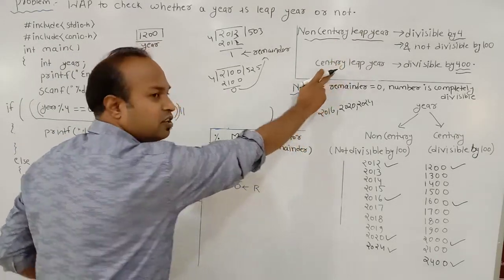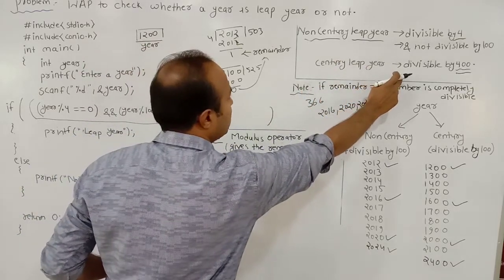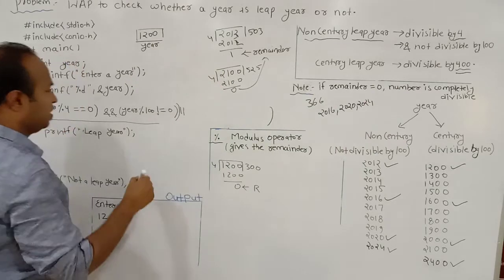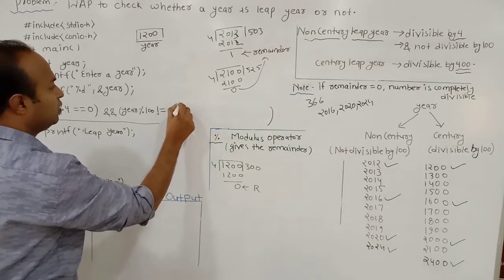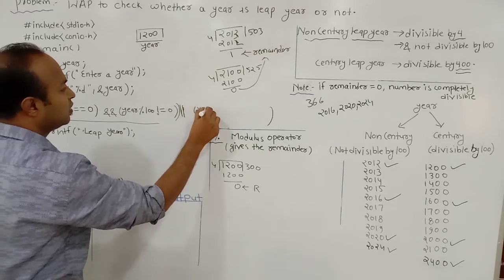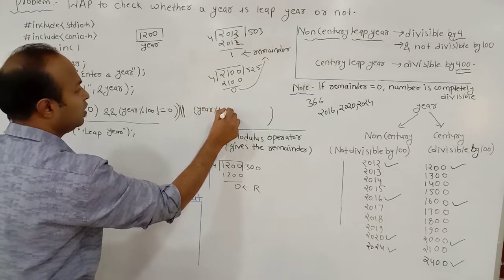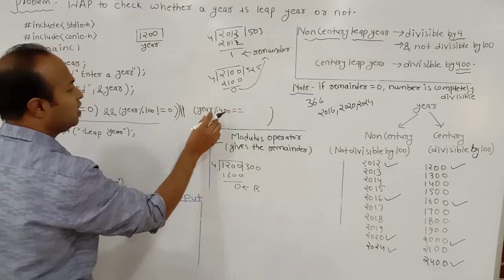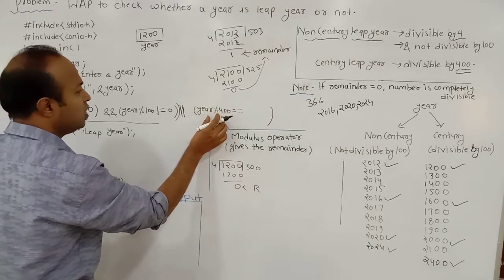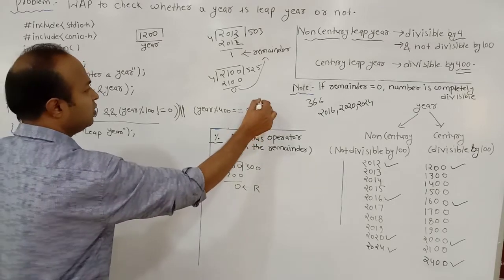Now we will write the condition for a century leap year, and the condition is that the year is divisible by 400. So here we write the symbol of OR, and the condition year % 400. It will give the remainder, and the remainder should be equal to 0. Okay, and this is the whole bracket.